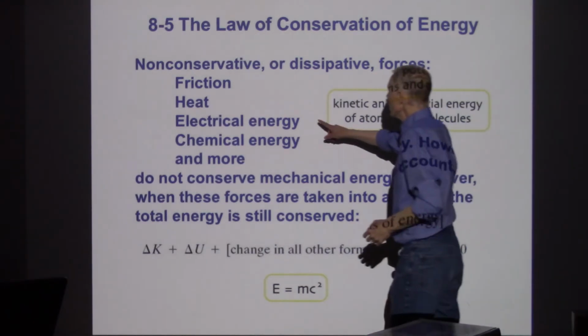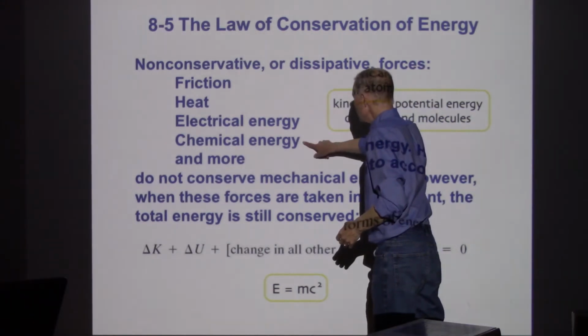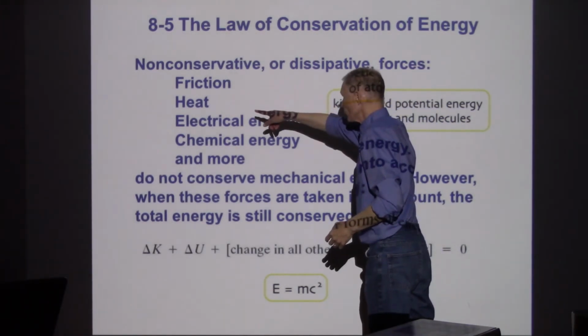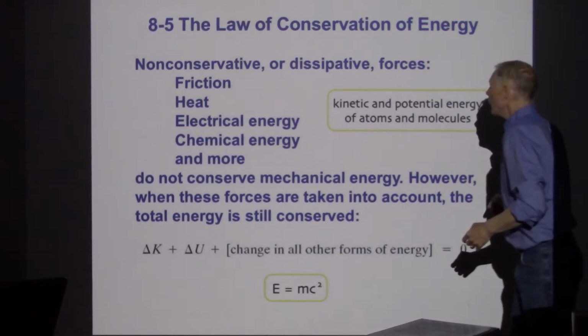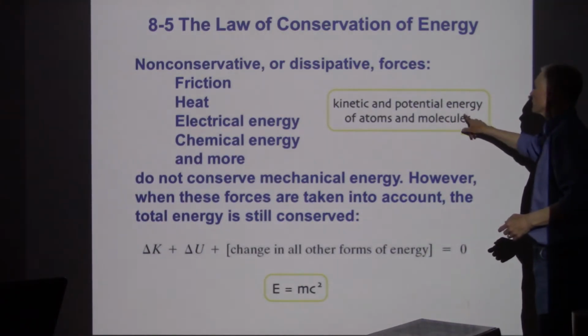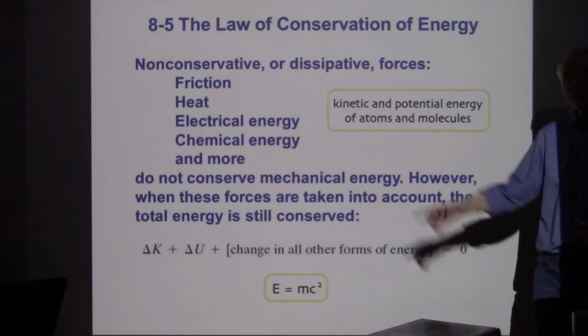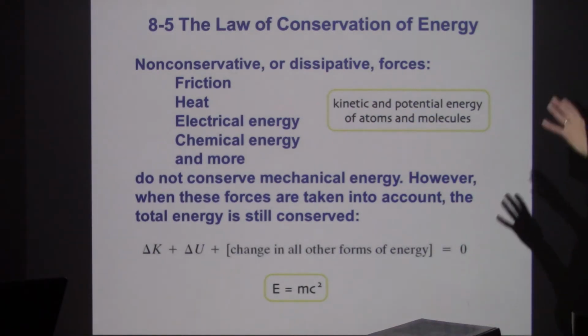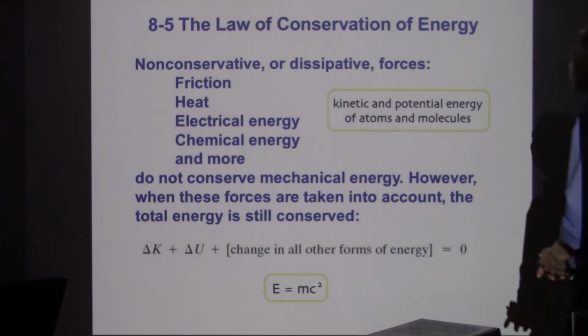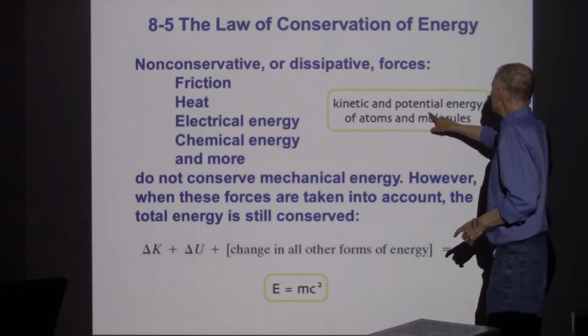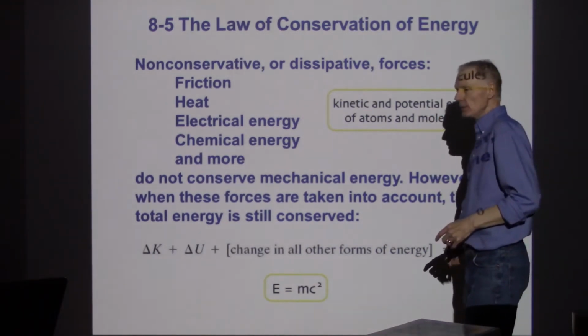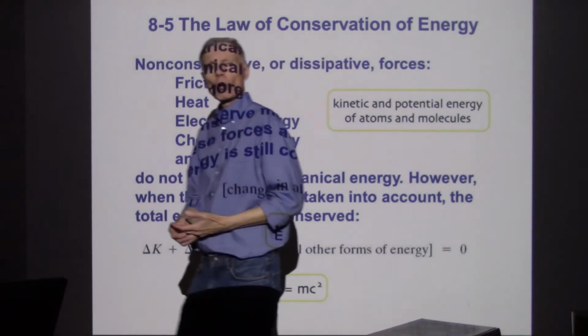And so the electrical energies and the chemical energies and the thermal energies that we're generating, those are all related to kinetic and potential energies of atoms and molecules, and the friction. So all of these non-conservative forces that we're so concerned about, they're still kinetic and potential. It's just kinetic and potential energy at the level of individual atoms and molecules.